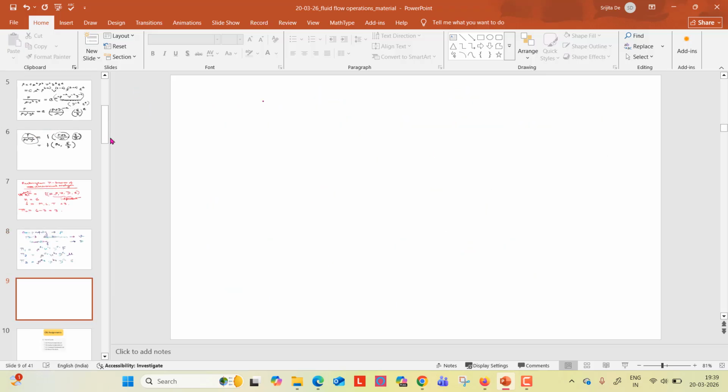So pi1 will be, first one is the rho, repeating variables, right? Rho is M L to the power minus 3 to the power a1, into L T to the power minus 1 to the power b1, then d is L to the power c1, and then there is M L T to the power minus 2, which is f.